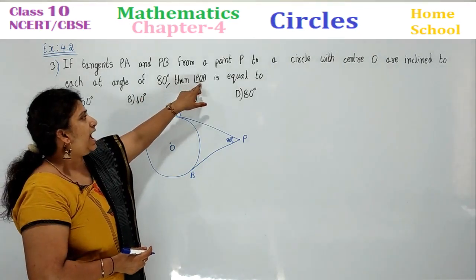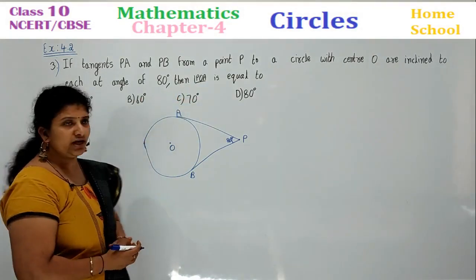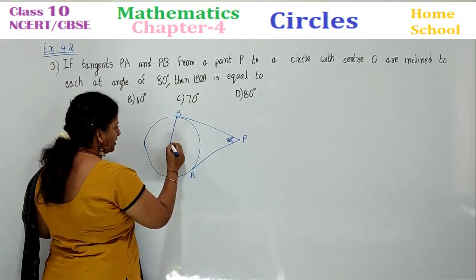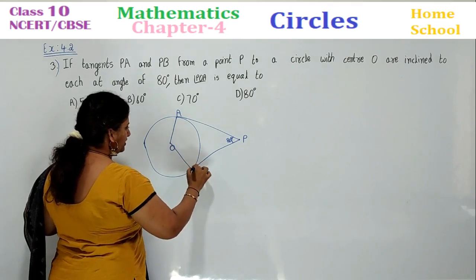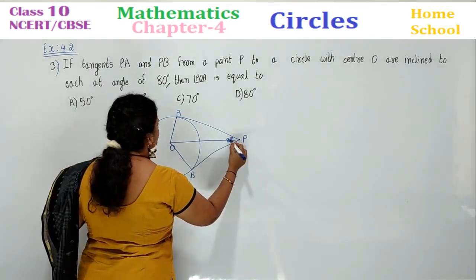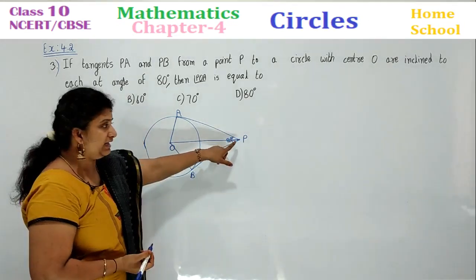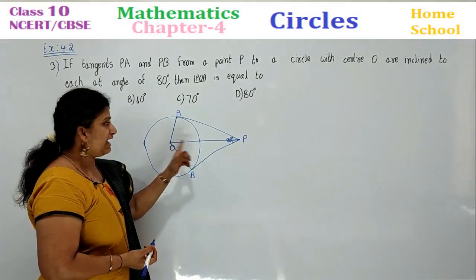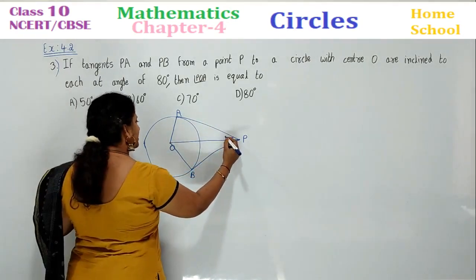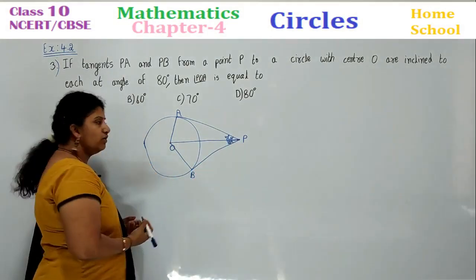Then angle POA is equal to, where is angle POA? POA means we need to join this. Okay, let me join this. See this? I have drawn a line which is bisecting the angle. So what you can say? This angle is 40 degrees and this is 40 degrees.